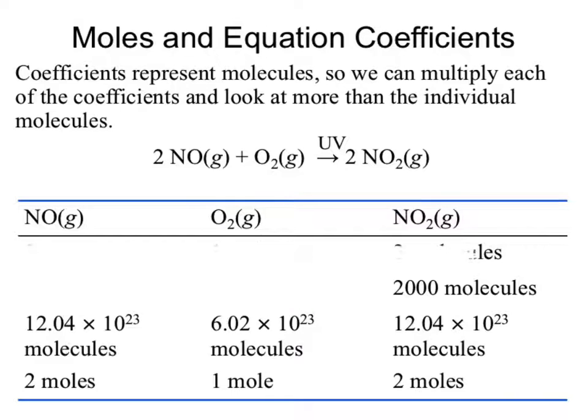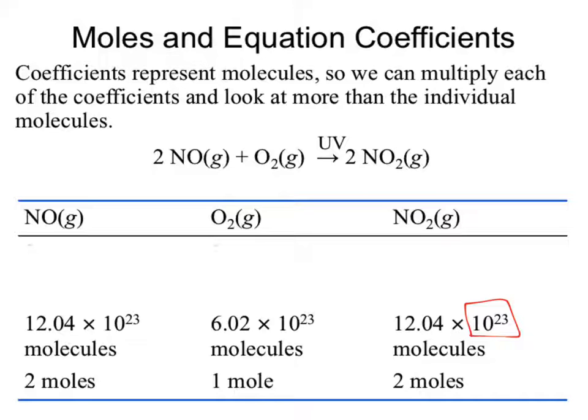But the issue with working with that many molecules is what happens. Every time I do a conversion, what must I include? 10 to the 23rd. How many of you like exponents? So it's your fault we're dealing with moles. Not my fault. You didn't want to deal with 10 to the 23rd. If you want to deal with 10 to the 23rd, we didn't have moles.